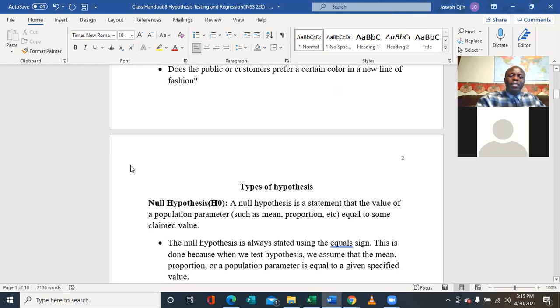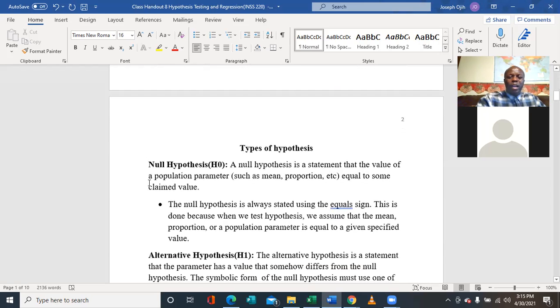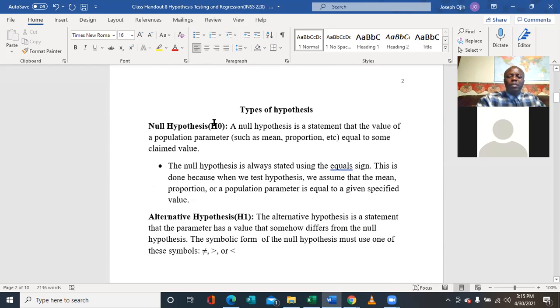Another concept we need to understand is the type of hypothesis we have: the null hypothesis and the alternative hypothesis. The null hypothesis merely makes a statement about the value of the population parameter. It usually says that it is equal to something.